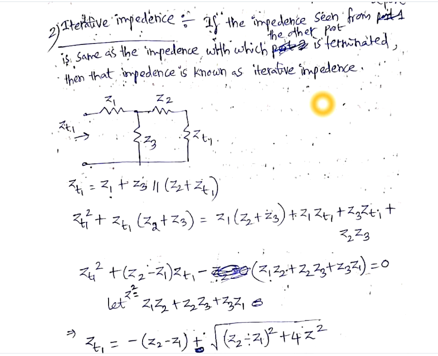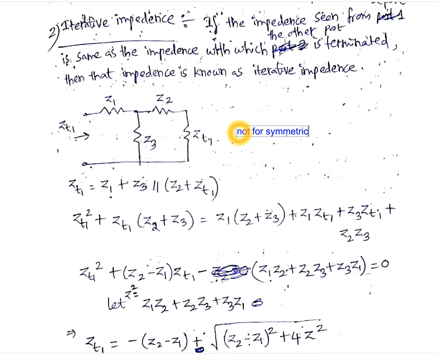And make a note here, this is not about any particular type of network, that is symmetric or unsymmetric. This is about a network. So make a note here, it is not only for symmetric. You will understand why I am specifying that.